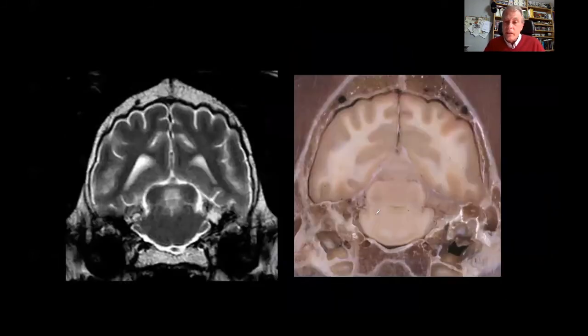For the next, we see the caudal colliculi, okay, here, the pons, with the brachium pontis or middle cerebellar peduncles, and lateral, the trigeminal nerve.